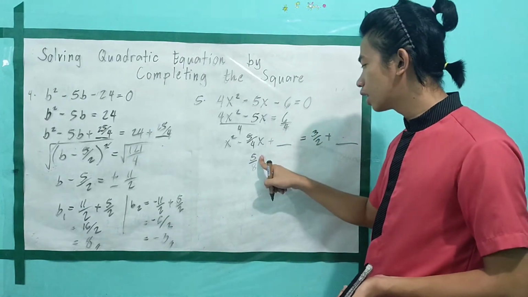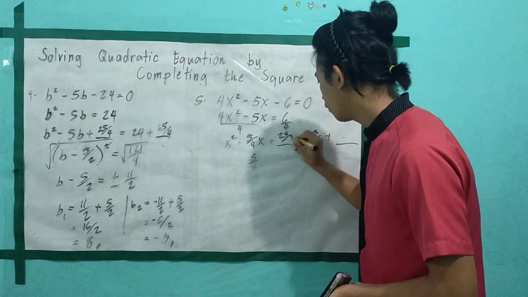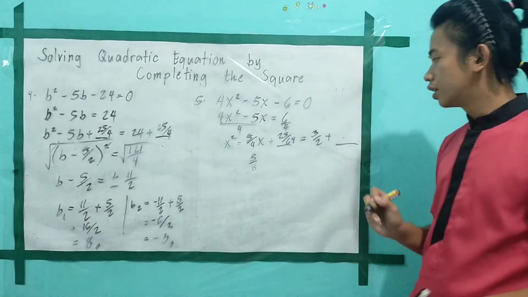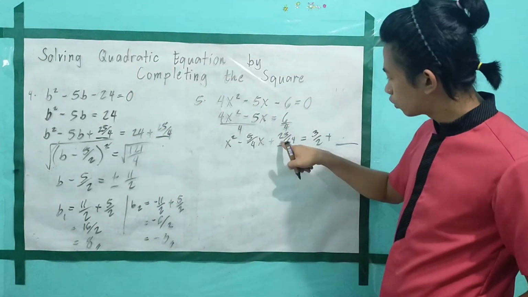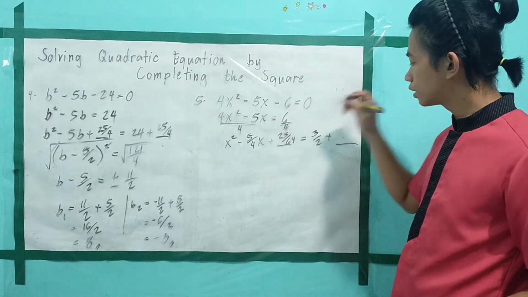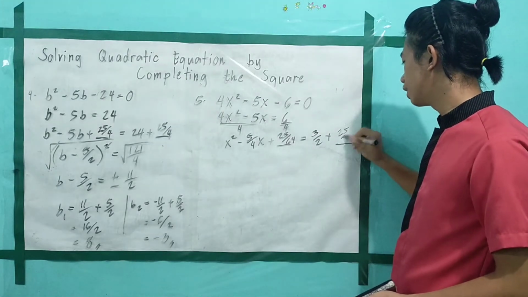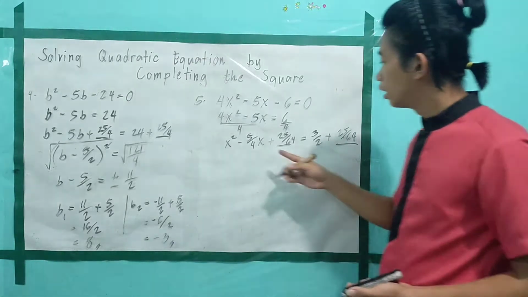Then, square natin siya, magiging 25 over 64. Okay, next tayo. Factor out natin ito. 25 over 64 ang idinagdag natin doon. So, mag-a-add din tayo ng 25 over 64 dito sa ating right side ng equation.